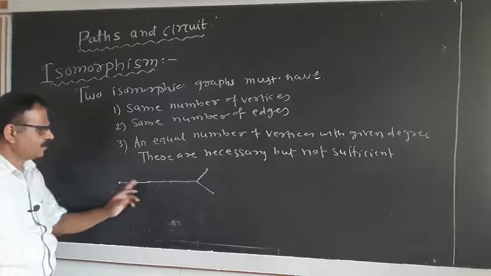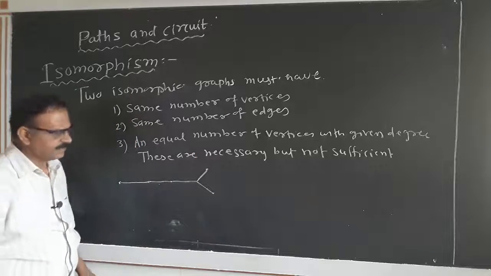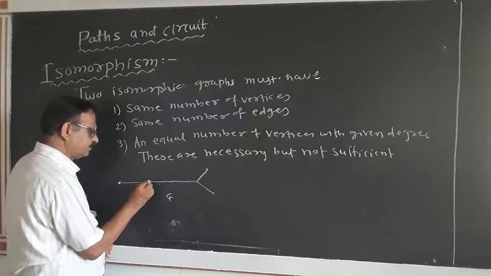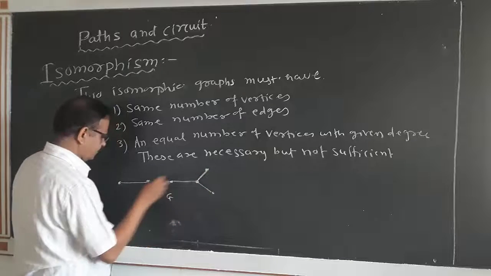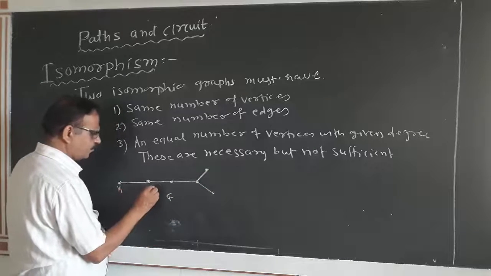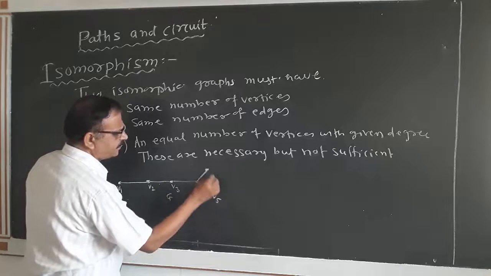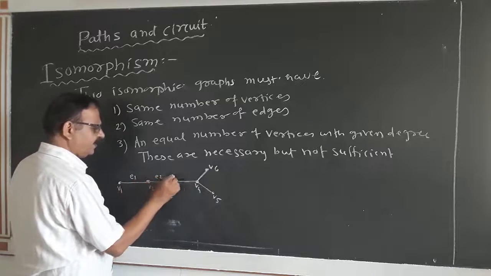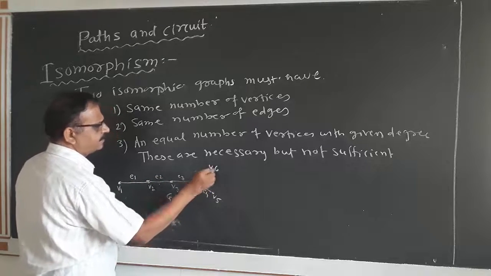This is an example with 6 vertices. This is a graph G1, suppose, with vertices V1, V2, V3, V4, V5, V6 and edges E1, E2, E3, E4, E5.